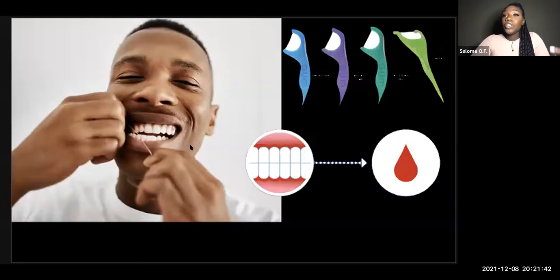When you get into the habit of flossing all the time, you'll find that every night you have to floss your teeth because you feel uncomfortable if you don't. So after brushing every morning and night, you add floss into your routine.